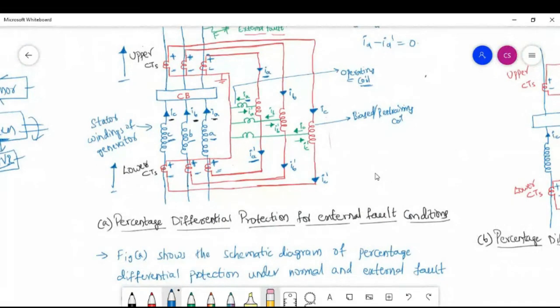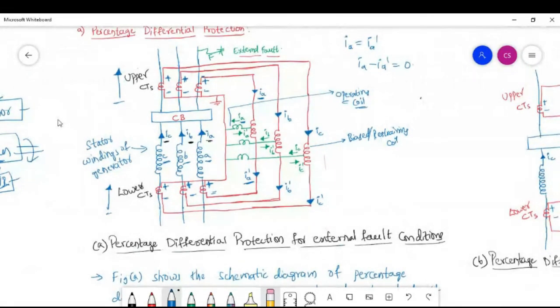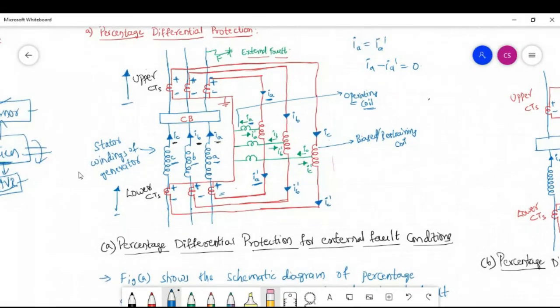In the next class, we'll discuss the next protection, that is protection against stator interturn faults, due to circulating currents. In whatever circuit diagram you see, the schematic consists of CTs, a restraining coil, and operating coils. These three components will be common in every diagram.